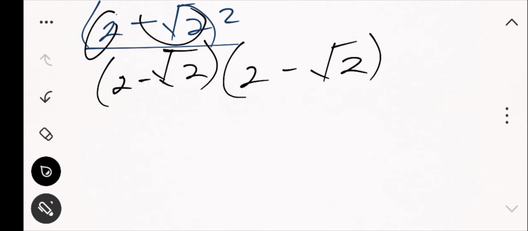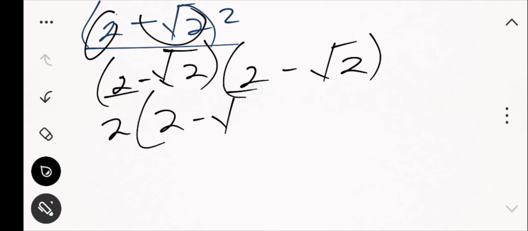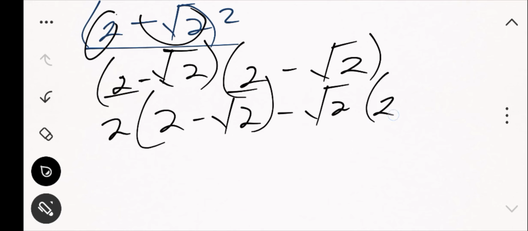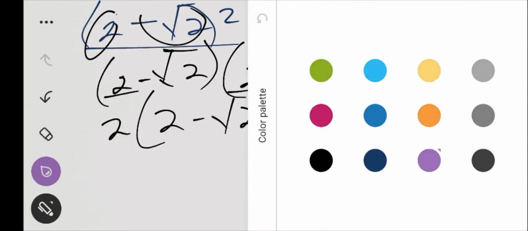If you are using the spread, you pick 2, use it to multiply the second term. Then we pick the second term, which is root 2, and we use it to multiply the second bracket, I beg your pardon. So the next thing is that we multiply.